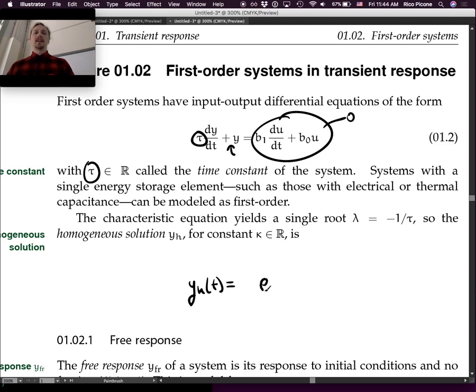So there's an exponential here. It's e to the lambda t, right? But lambda is negative 1 over tau, so we usually write e to the negative t over tau. And then what's out front? Something. Yeah, a constant. So I'm going to use kappa for a constant.